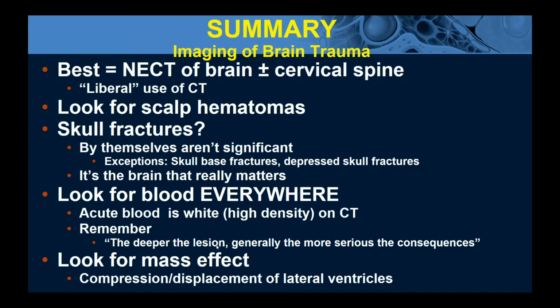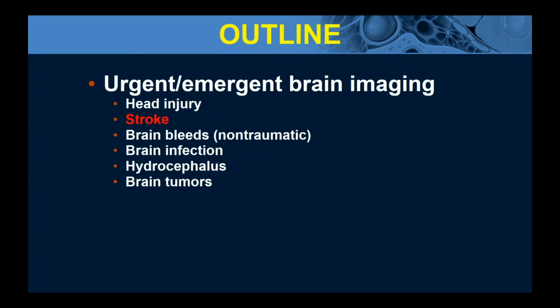And in general, the deeper the lesion, the more serious the consequences. Surprisingly enough, if you have an epidural hematoma and the brain underneath it is fine, unless it's expanding, sometimes the surgeons just leave those and watch those. But deep injury, like the axonal injury, usually has terrible long-term consequences.